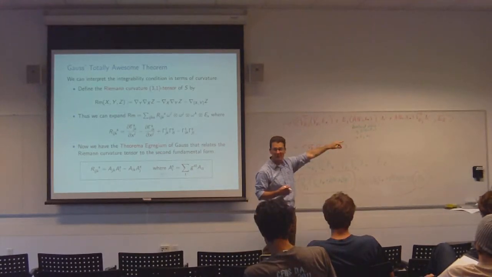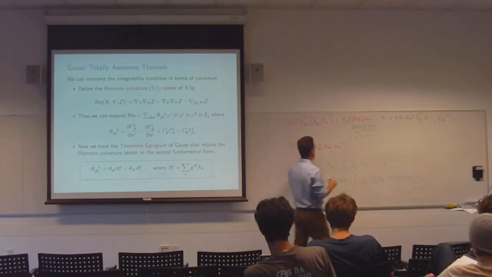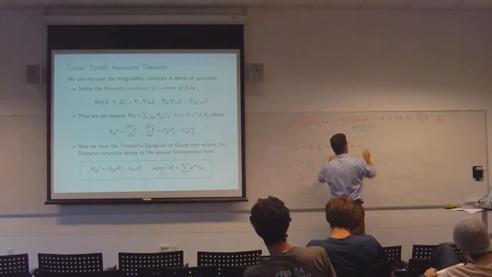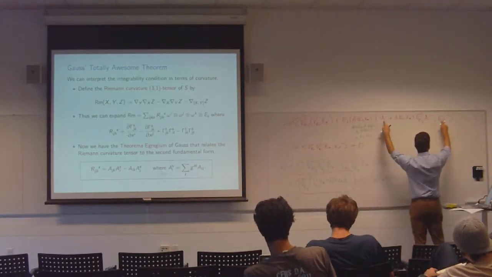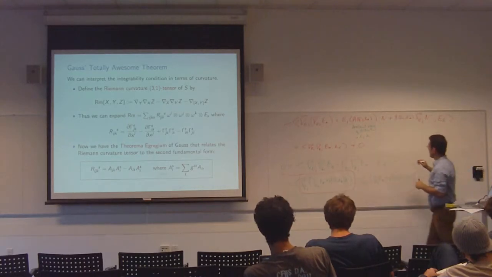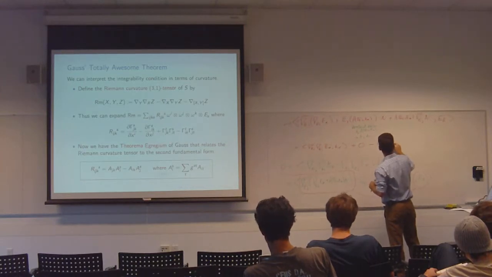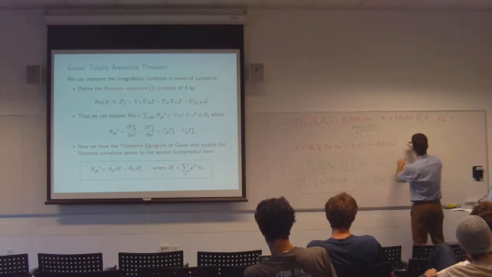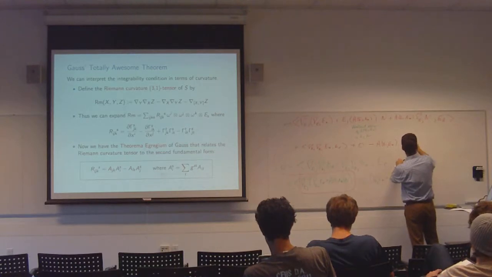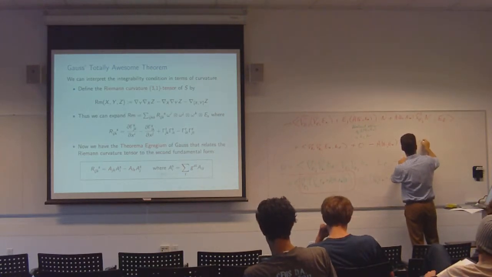And I'm taking an inner product with a tangent vector field, so that's good. My second part is 0 because it's a normal vector against a tangent vector. And my third part actually is minus, so there's A, E, I, E, K, and then there's an A of E, J, E, L.